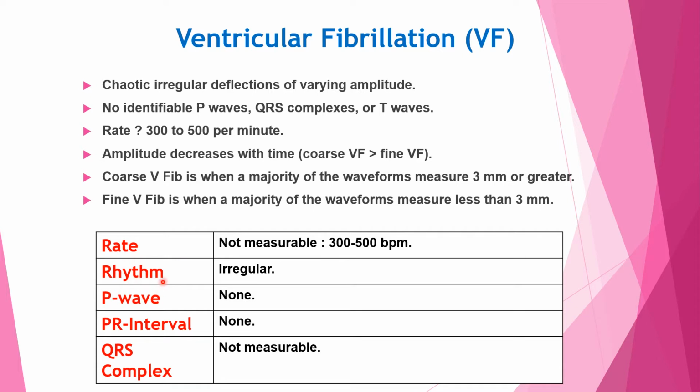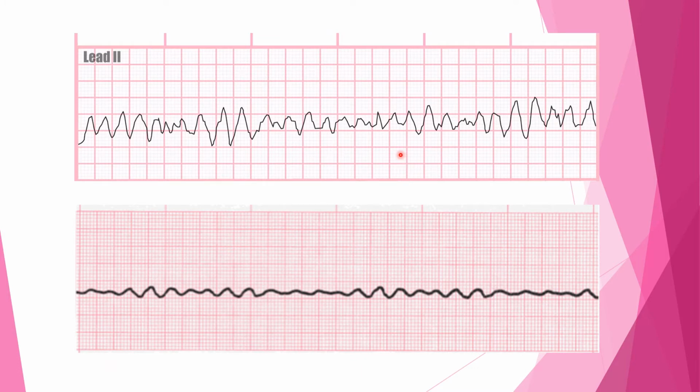The rhythm is irregular, no P wave, no PR interval, no QRS complex. What is this rhythm? It is chaotic, with wave amplitude. Let us see this wave.